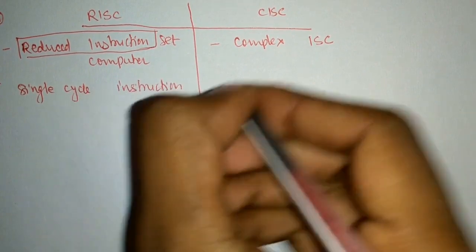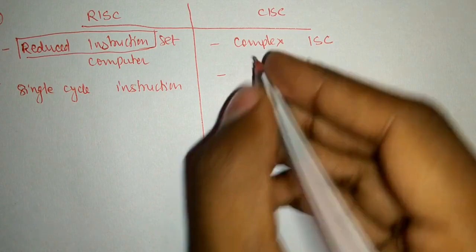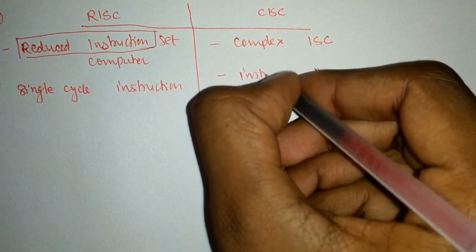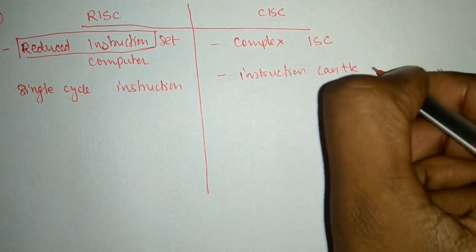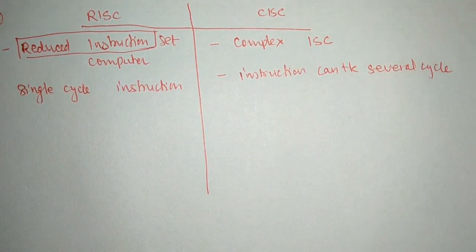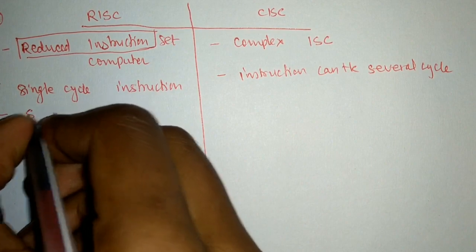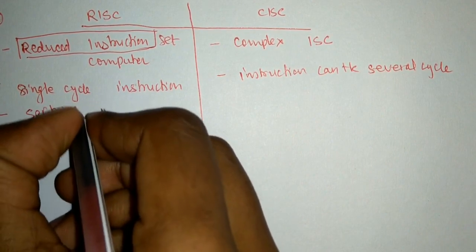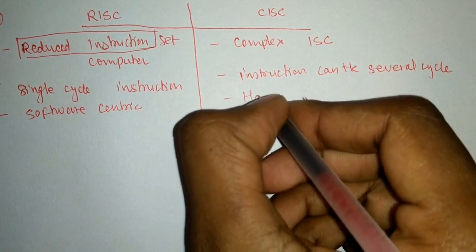Whereas with complex instructions, one instruction can take several cycles, more than one cycle to get completely executed. That is the main difference here. Usually we say that RISC is a software centric architecture, and CISC is a hardware centric one.